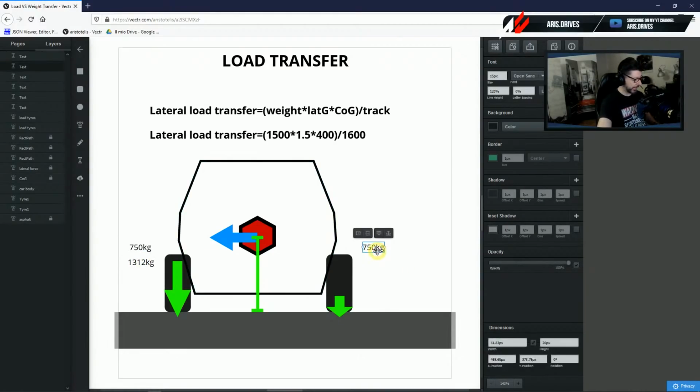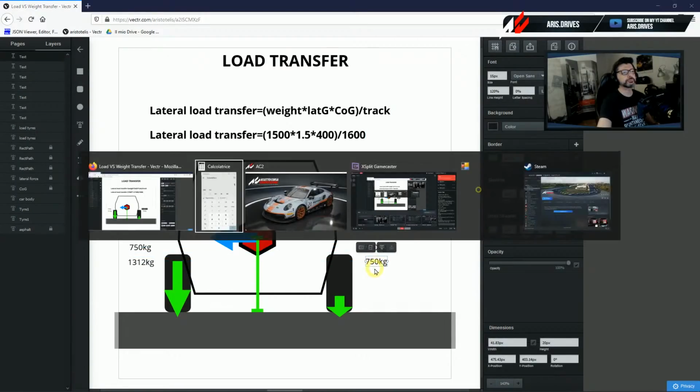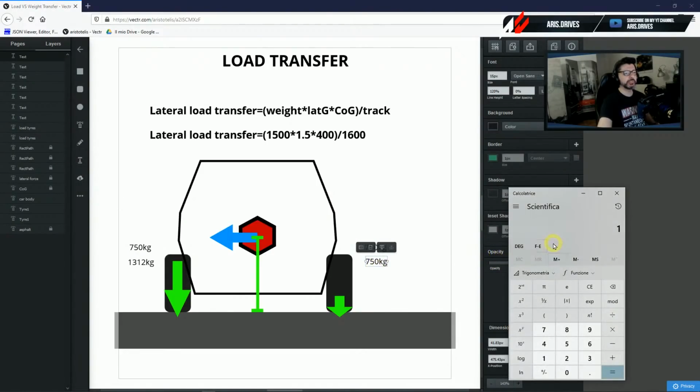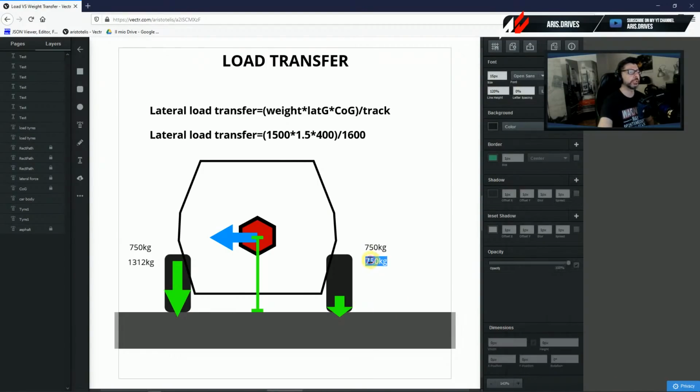And on the other side, of course, you get 750 minus 562, something like 188 kilos.